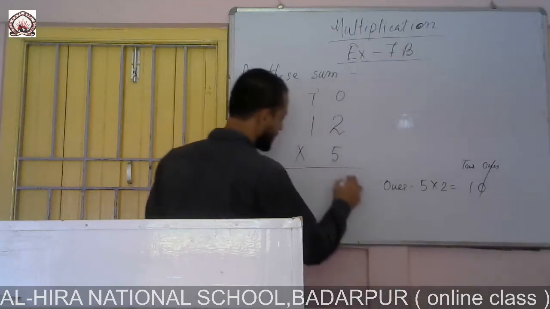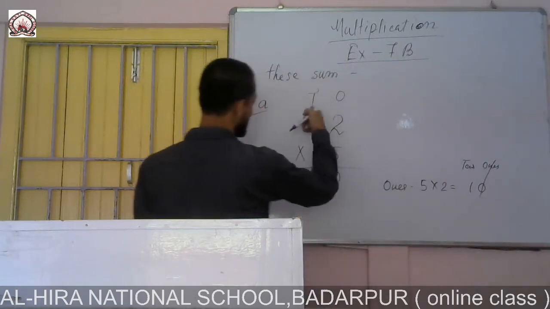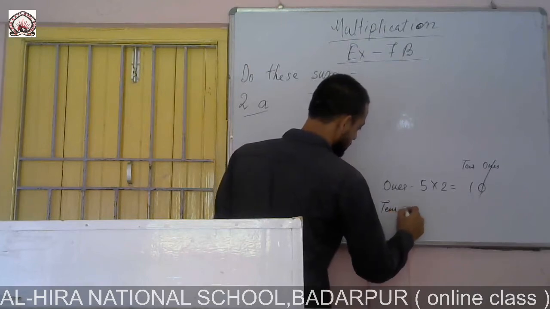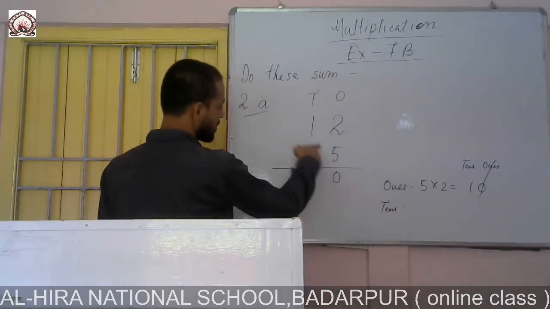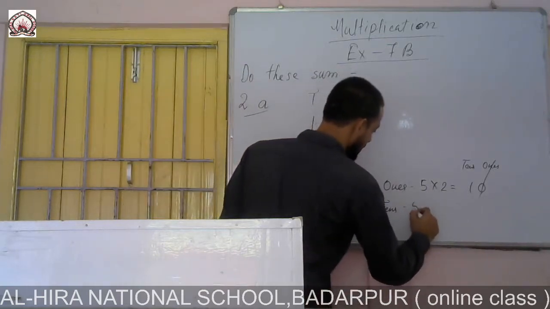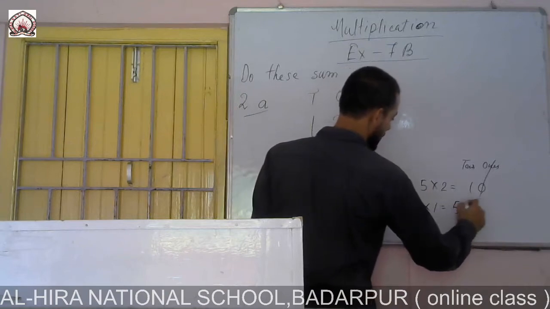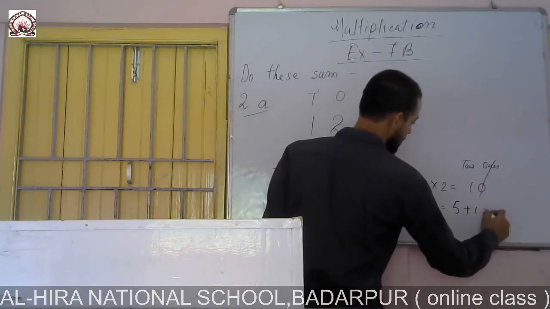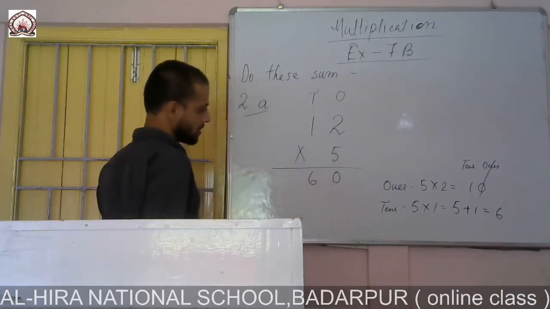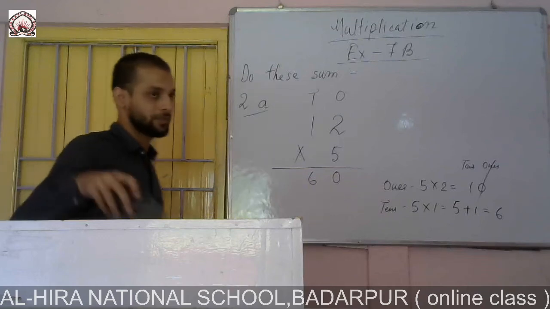So we are going to write this 0 in ones place. This 1 will come to which place? Tens place. Now in tens place again we will get 2 digits. We have to multiply tens place by 5. So 5 multiplied by 1 equals to what? 5 plus 1 equals to what? 6. So we will get 6 here. That is 60.